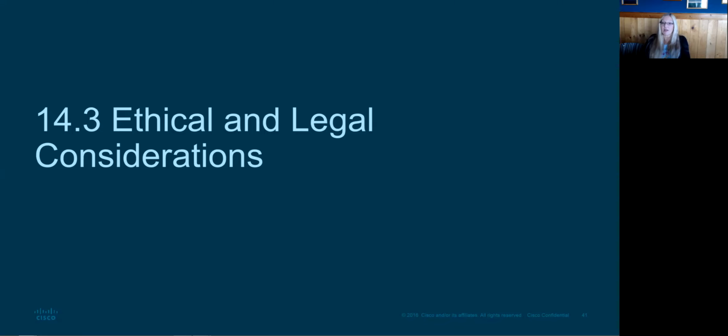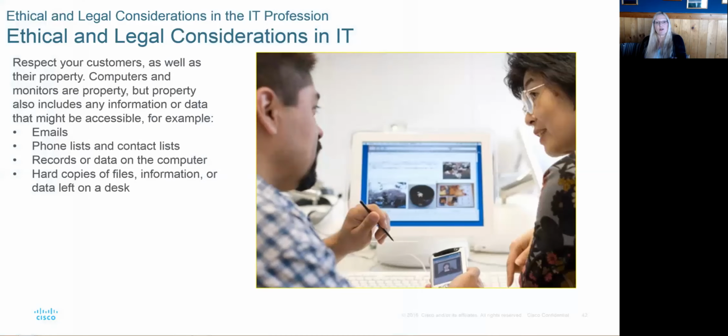Ethical and legal considerations. Lots of those. And I'm hoping that in all the security classes you are going through, a lot of the legal and ethical considerations are covered. Your main job, of course, is going to be to protect data. Protecting data also includes people's personally identifiable information, or their health records, or their taxes, or their Visa number. So your main job is to protect the data.